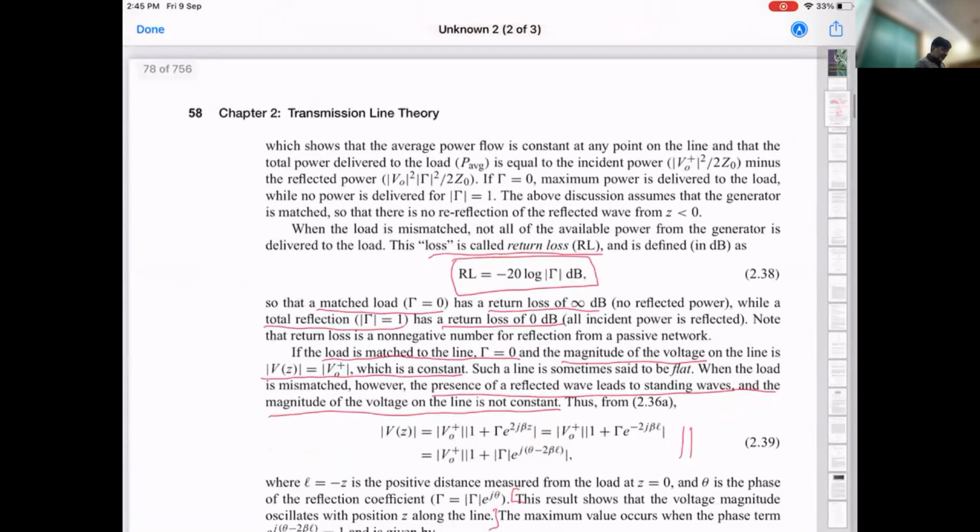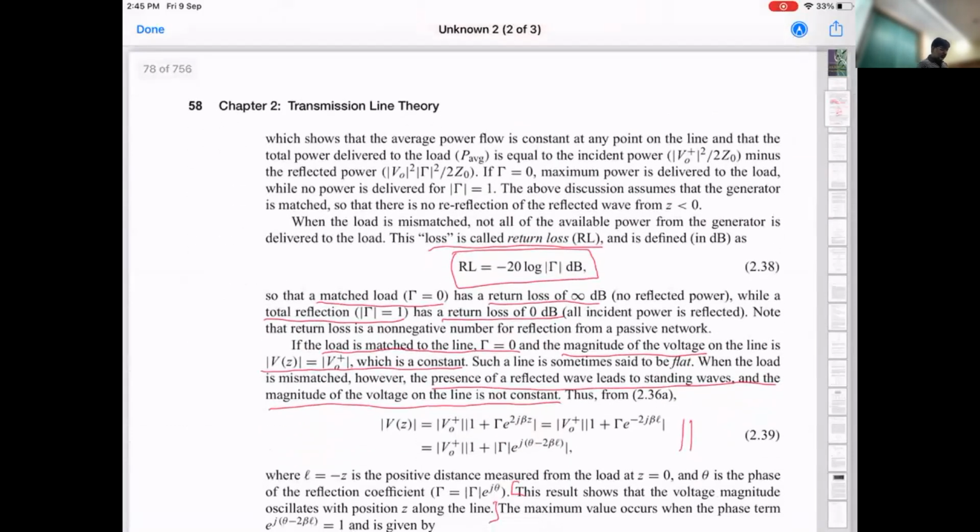Okay. And this is the most common way it is expressed, as the return loss of any interface or a device, if you're talking about a particular termination which you have put at the end. This is the most common thing you will encounter, which is return loss, defined in log units, so it's written in dB.